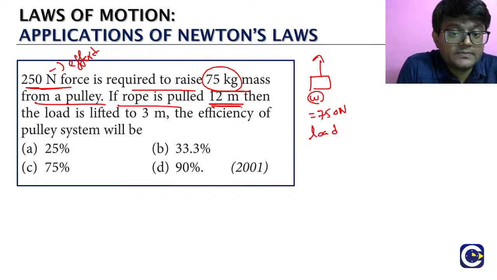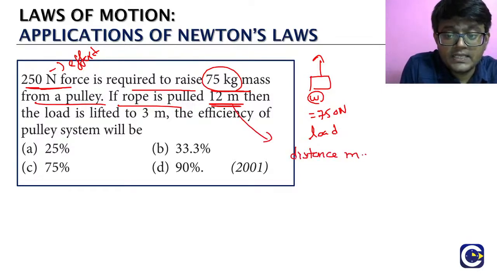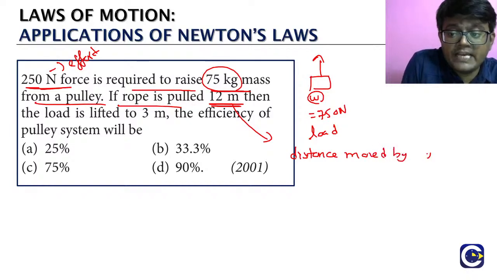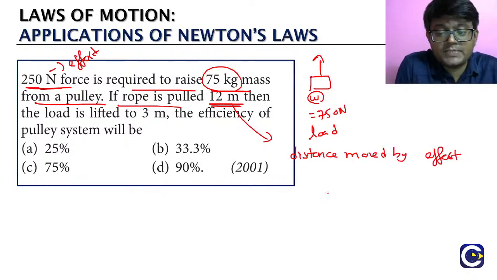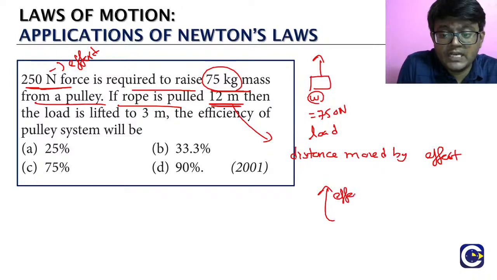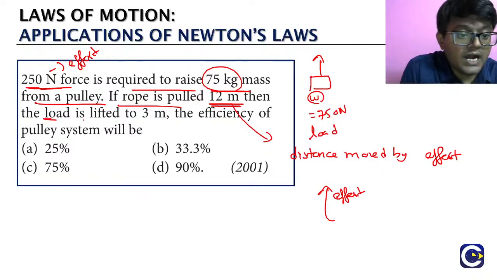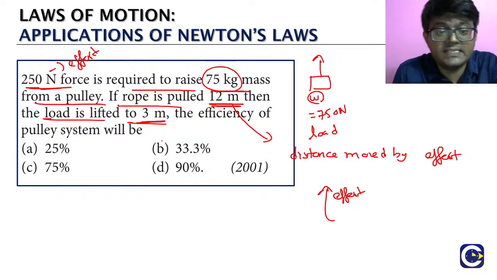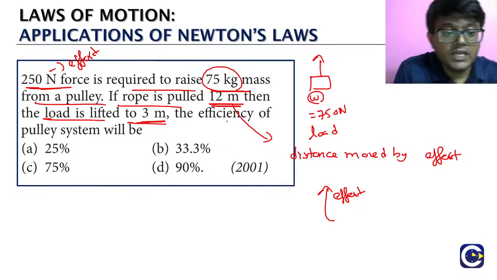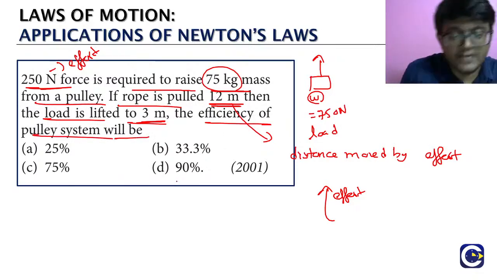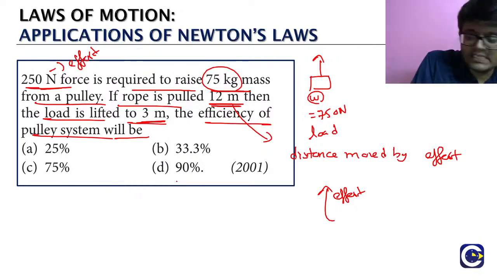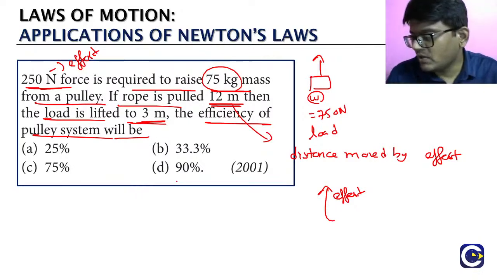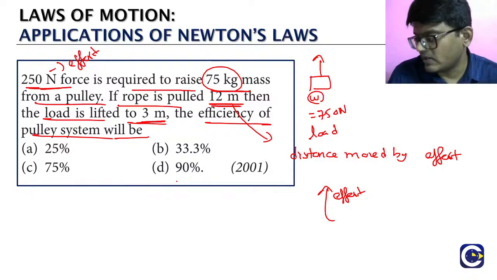This is the distance moved by effort. ஏன்னா rope side என்ன? We'll have effort, right? We'll apply effort on the rope. And the load is lifted by 3 meters. Means this is the distance covered by the load. The efficiency of the pulley system will be. To understand this question, we should have learnt that entire concept.